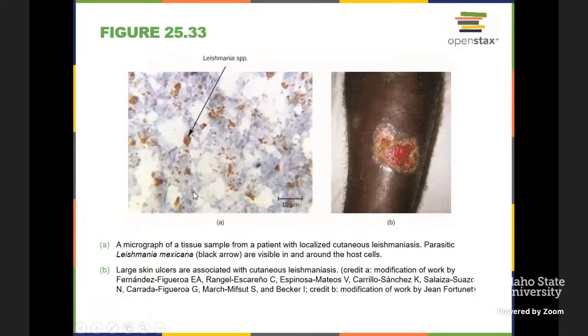Leishmania, there are handfuls of types of Leishmania, cutaneous, visceral, and numerous species that can cause this. Leishmania mexicana in Central America, Mexico, potentially moving up a little bit into areas like southern Texas.